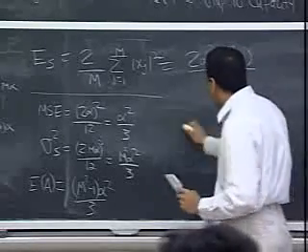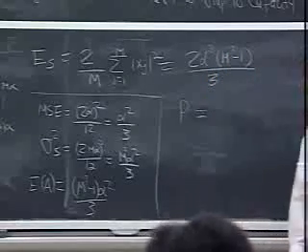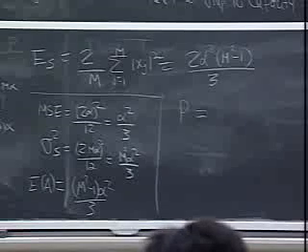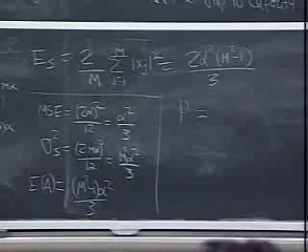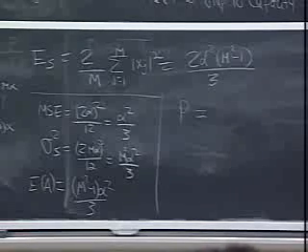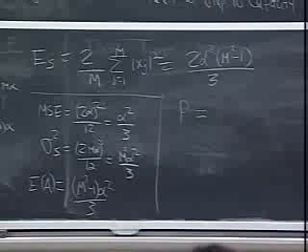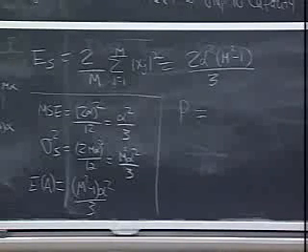Okay, so can anybody tell me what the spectral efficiency will be for this system if I use an MPAM constellation? Well, how many bits per symbol do I have?